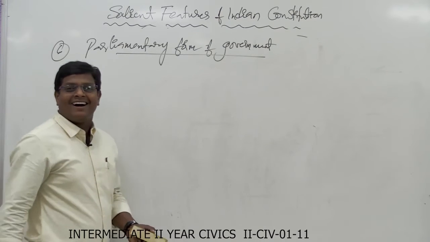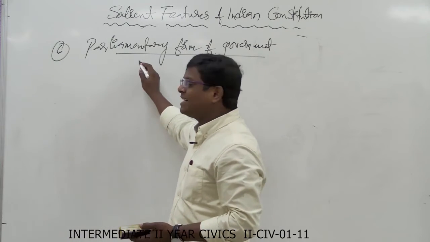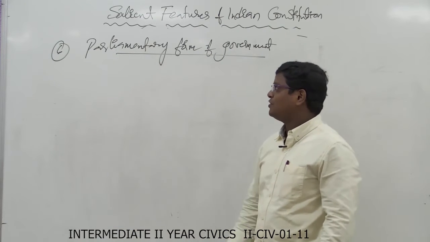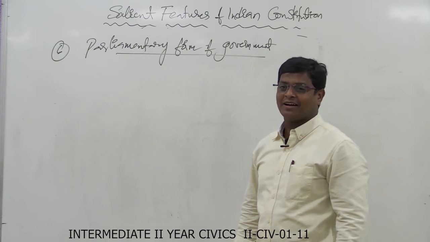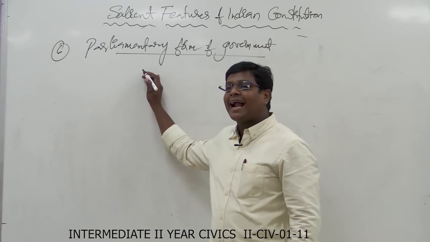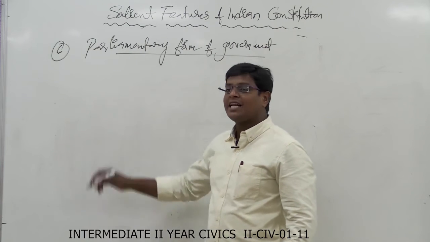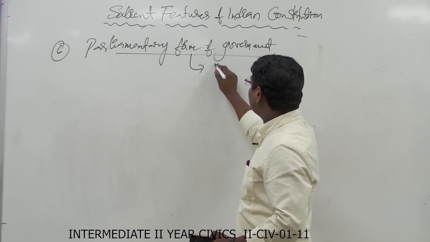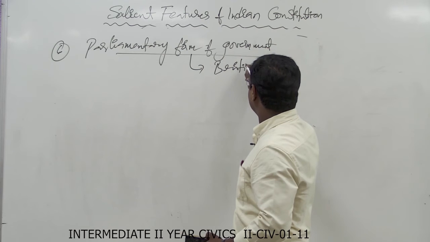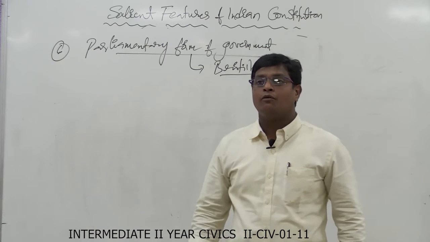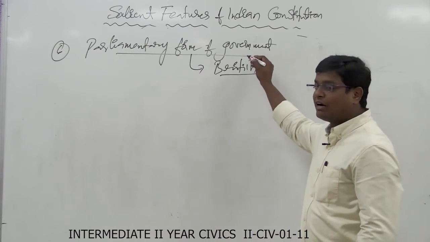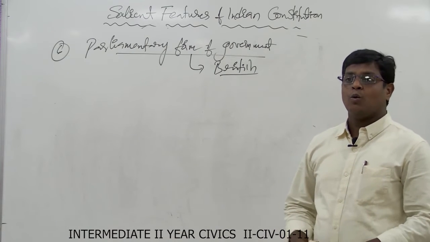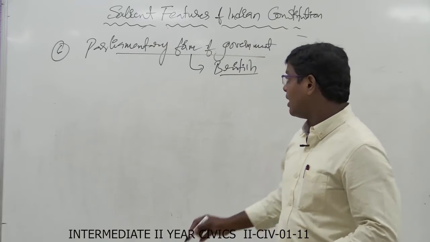Another feature of the Indian Constitution is the parliamentary form of government. India adopted the parliamentary form of government, which is inspired by the British type. That means the Westminster model of government. The British parliamentary system is popularly known as the Westminster form of government.